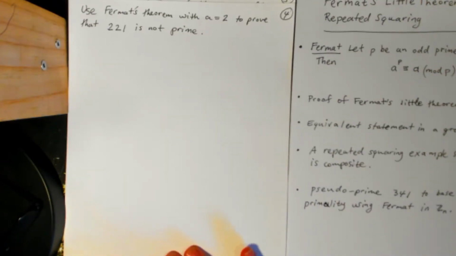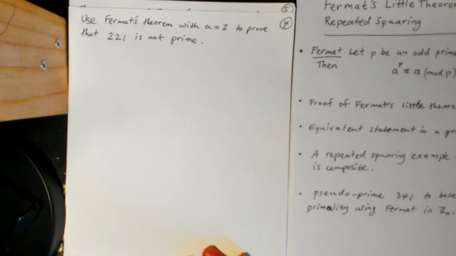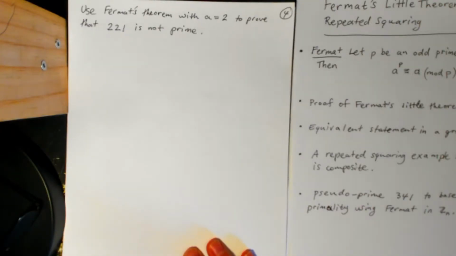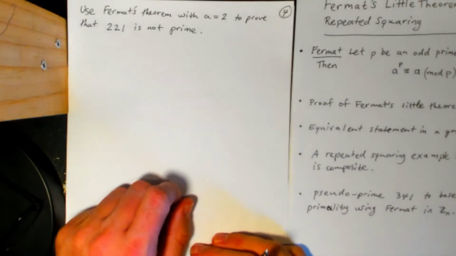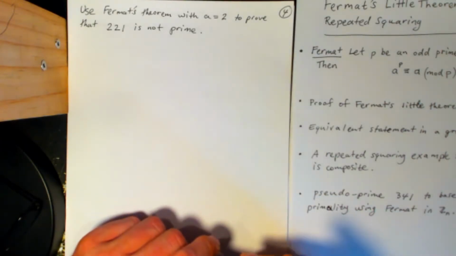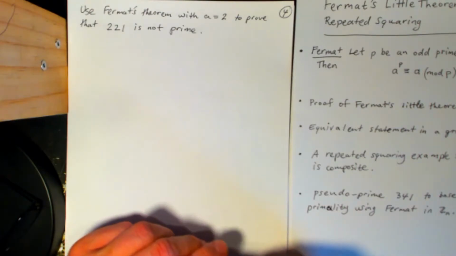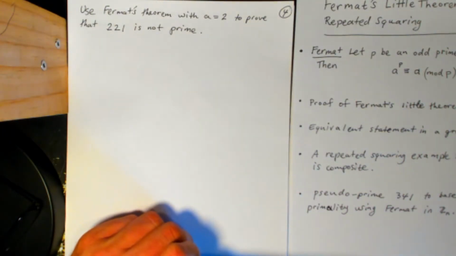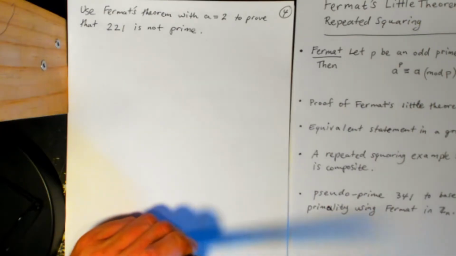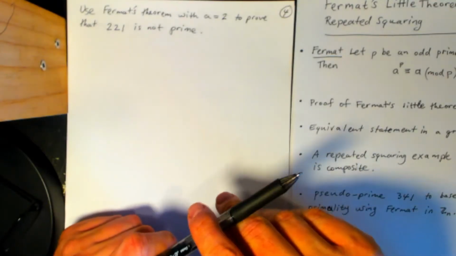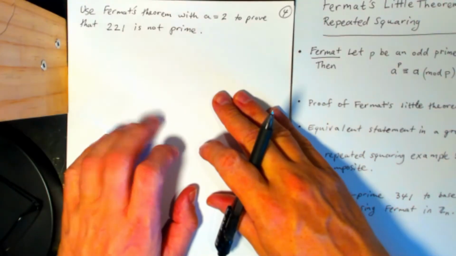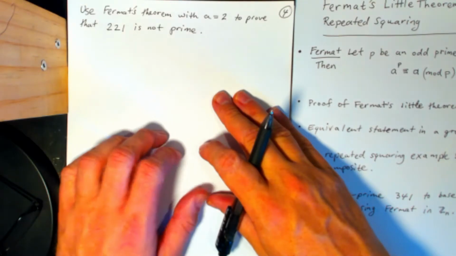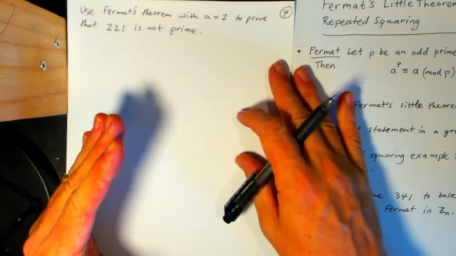Okay, now our next topic here is an example of Fermat's little theorem, which says use Fermat's little theorem with a equals 2 to prove that 221 is not prime. So what we need to do here is represent 221 in base 2, but I'm getting a little bit ahead of myself here.